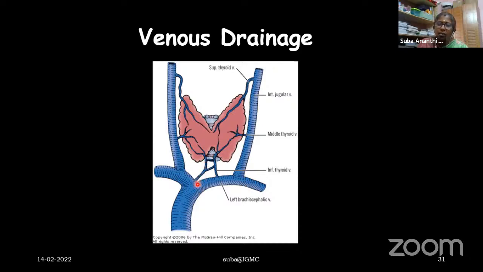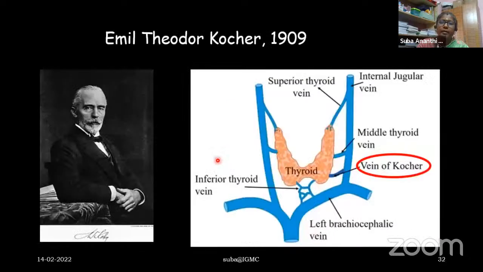It can open into the corresponding brachiocephalic vein, right and left. But usually they join together, forming a single inferior thyroid vein, and they usually drain into the left brachiocephalic vein. So remember, the superior thyroid vein and middle thyroid vein drain into the internal jugular vein, whereas the inferior thyroid vein drains into the left brachiocephalic vein.